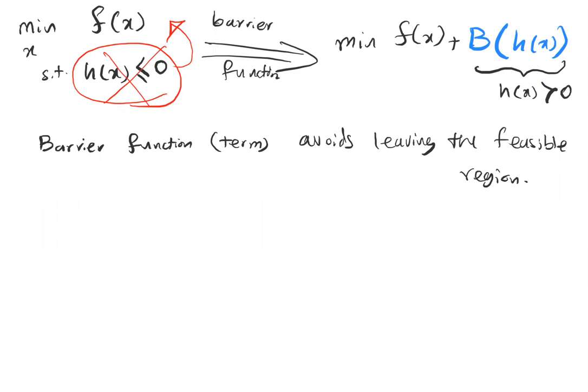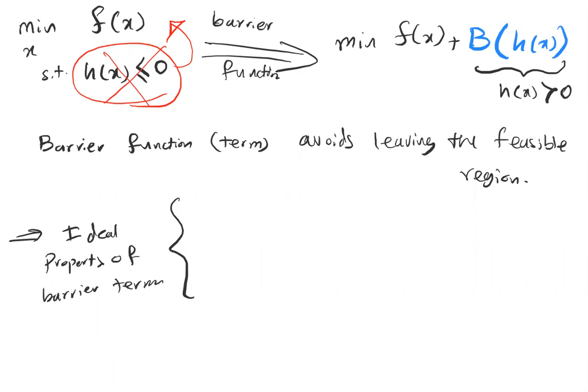So what's going to be the ideal barrier function? The ideal property of the barrier term: in the ideal scenario, I want to penalize my objective function by infinity if h of x is greater than 0. If h of x is greater than 0, that means I'm out of the feasible space, right?